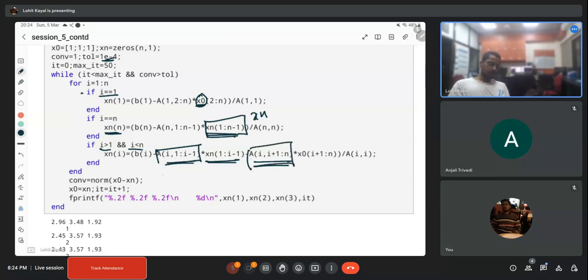You can see that this is a i1 to i minus 1, which indicates that this is below diagonal, and here this is above diagonal. Just a second.